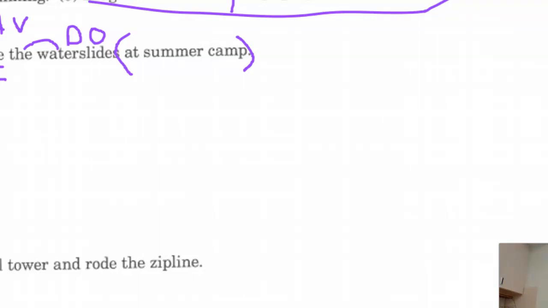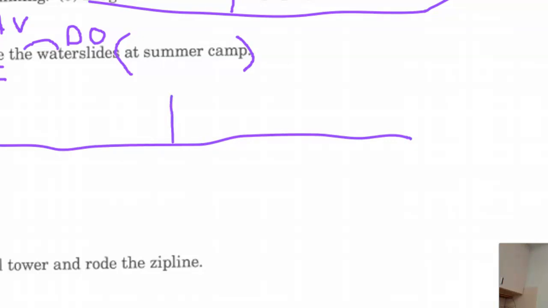Okay, so now we're going to diagram. So we know we only have one verb and a direct object. So we draw a line to divide subject and verb, and we draw a straight line, a direct line, to show the difference between a direct object and a predicate nominative.